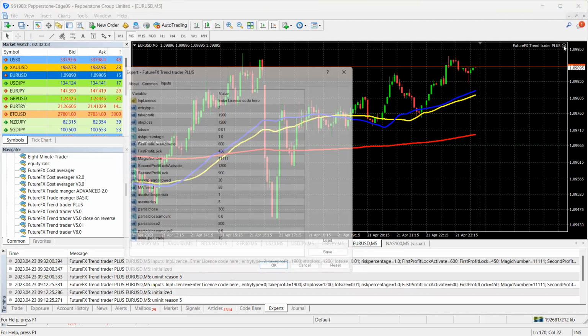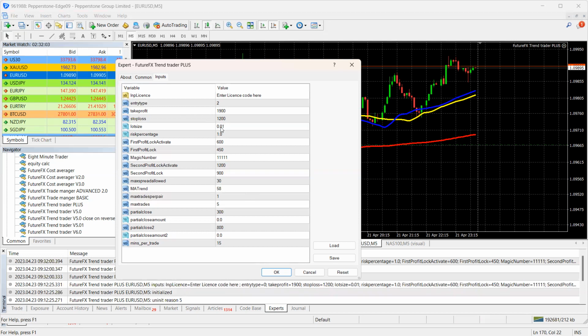So then you just jump back in here and put in 0.37 as your lot size, and then you're good to go. Then you know that if your stop loss gets hit, you're going to lose 1% of your account balance. It works that out by the risk setting you put in, and also your account balance.